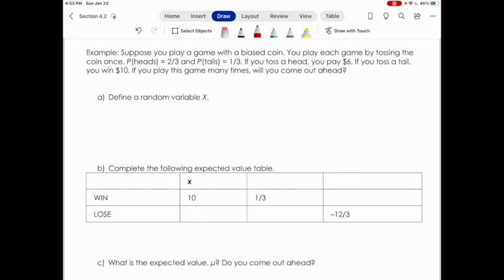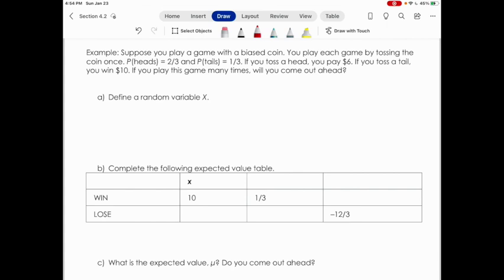Okay, in this next example, suppose you play a game with a biased coin. For those of you who may not know what that means, the coin has been built in such a way so that there isn't a 50-50 chance of heads and tails. You're going to play each game by tossing the coin once.